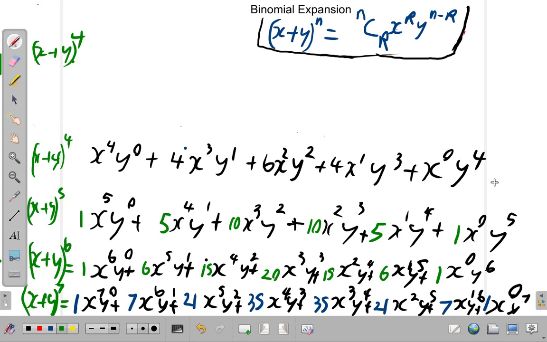We continue looking at binomial expansion using this formula here. Now, in our previous video, I asked you to expand x plus y to the fourth using this formula for the binomial expansion, and pretend as if you did not see this thing here and did not know that it was the expansion.